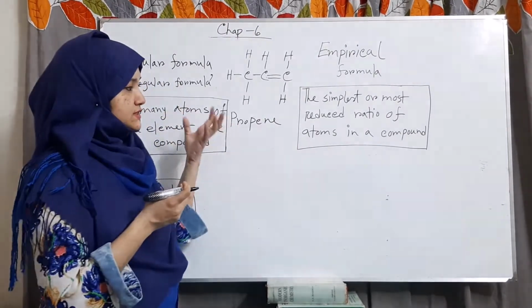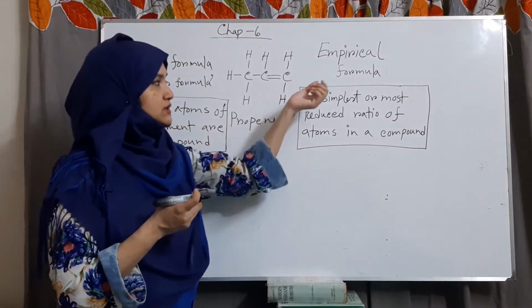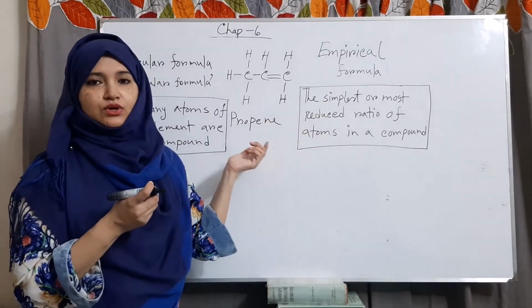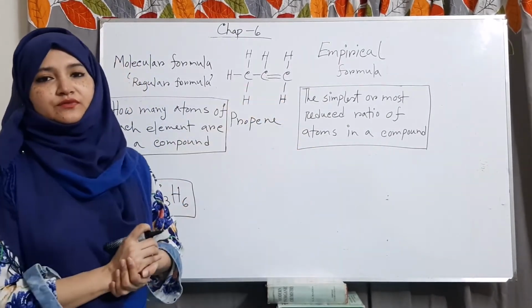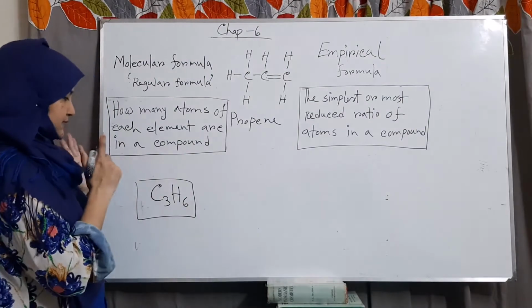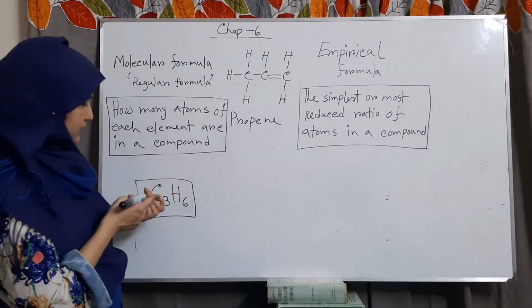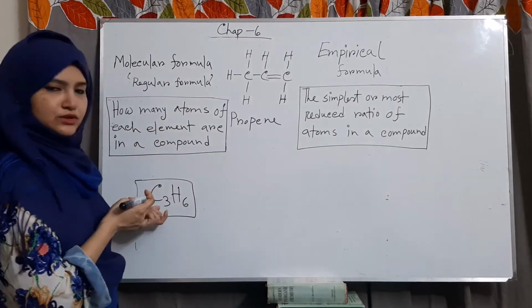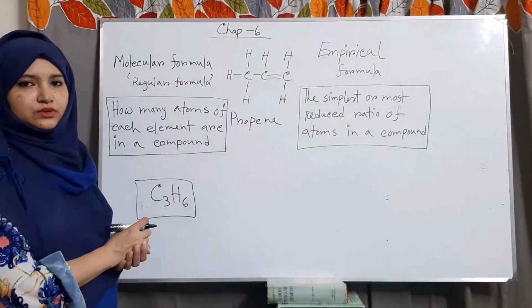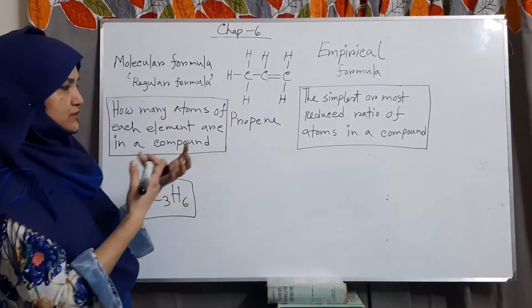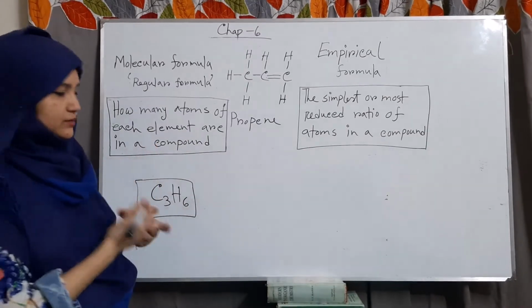We don't get any information about the actual number of atoms from the empirical formula. Then how can we get the empirical formula from the molecular formula? Using the molecular formula, how can we find out the empirical formula?